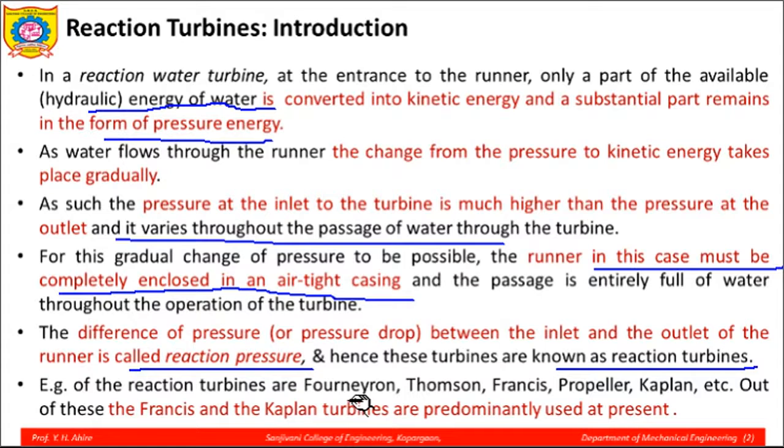Examples of reaction turbines are, the old ones, Fourneyron turbine, Thomson turbine, Francis, propeller, and Kaplan turbine. Out of these, Francis and Kaplan turbines are predominantly used at present.